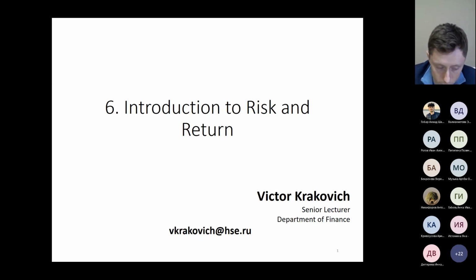When we talk about performance, or how good investments are, or we can formulate it differently, what distinguishes good from bad investments, there are two groups of estimations that we work on. Those are estimations of risk and estimations of return.